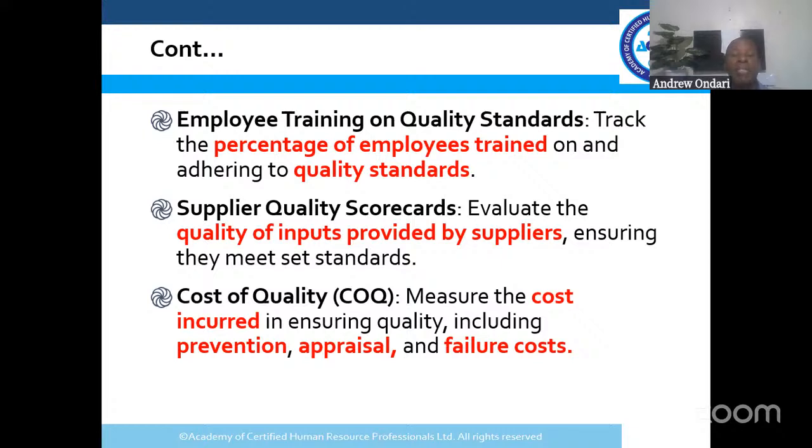Vetting them means that you evaluate their past performance with other clients, and if possible, they provide a sample, especially those suppliers providing tangible goods.